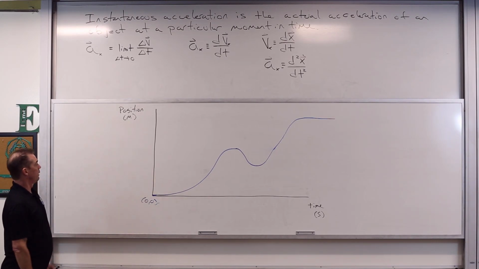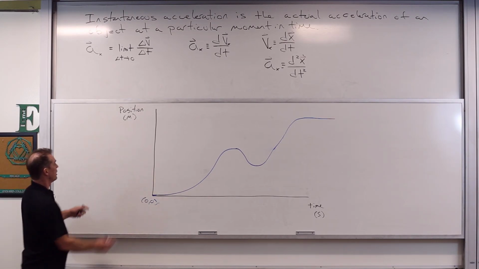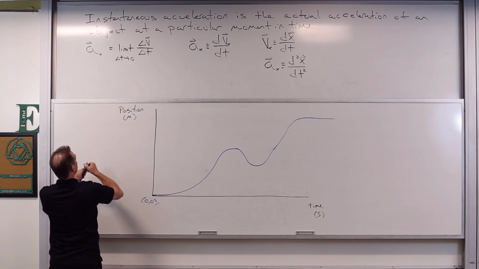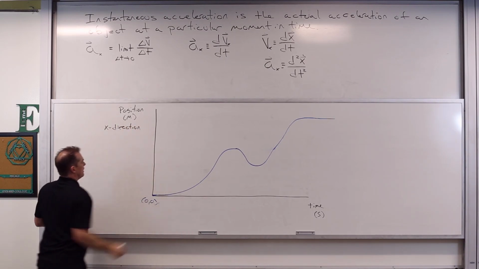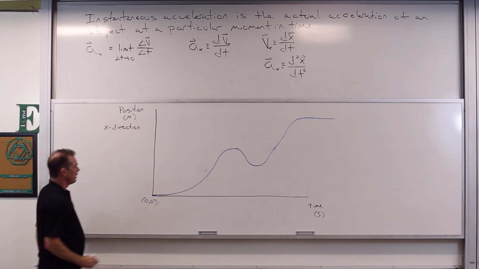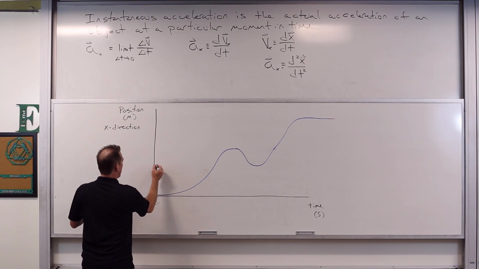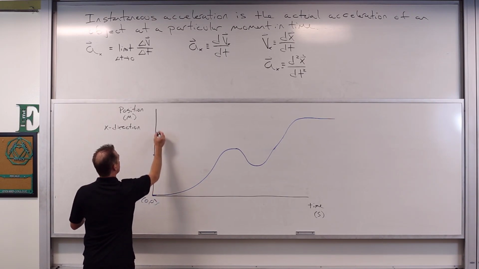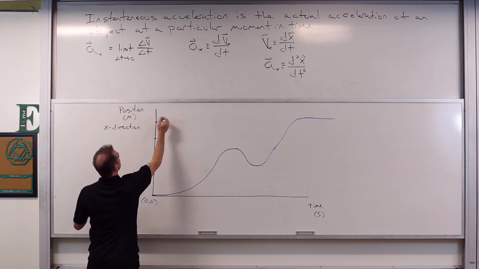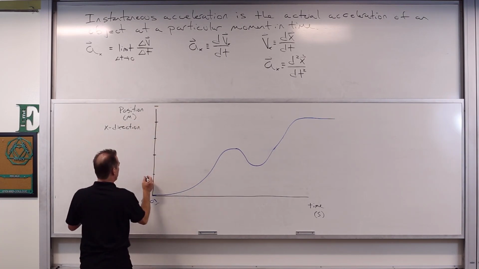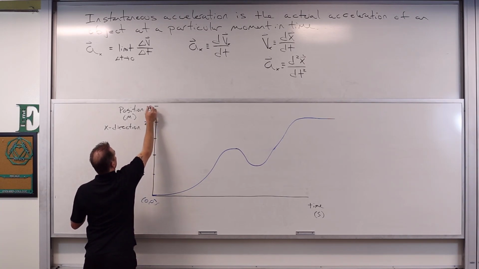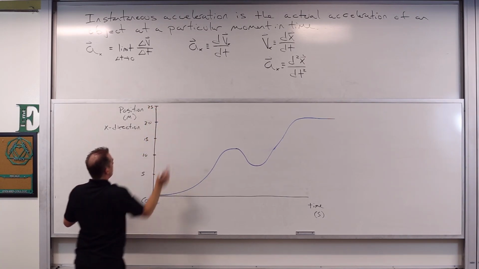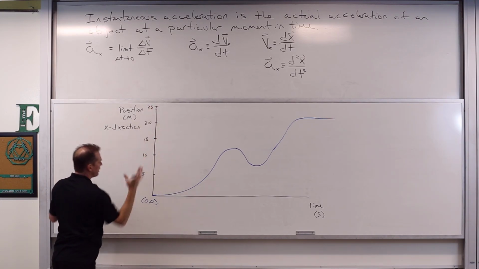And then what are we going to do? Well, we're going to start changing our position. So this is going to be the x direction. And we can put in some increments if we want. Maybe we say 5, 10, 15, 20, 25 meters within reason.